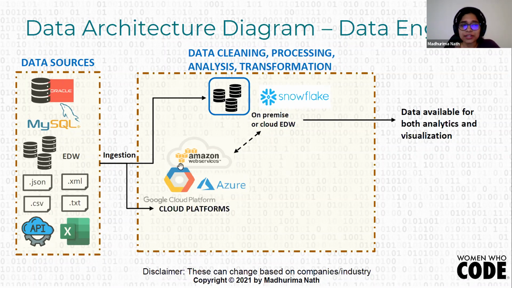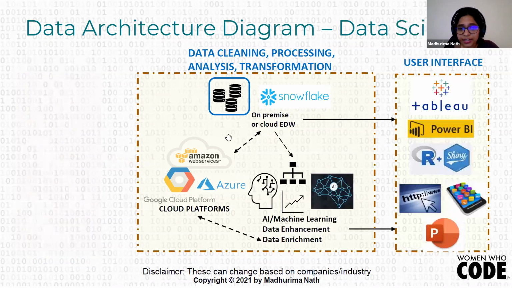That is my task as a data engineer, to collect all of this information in all these different formats, but make it into a single format, so that it's readily available to do either analytics or visualization, or it is used by a data scientist or anybody. So that is the task of a data engineer.